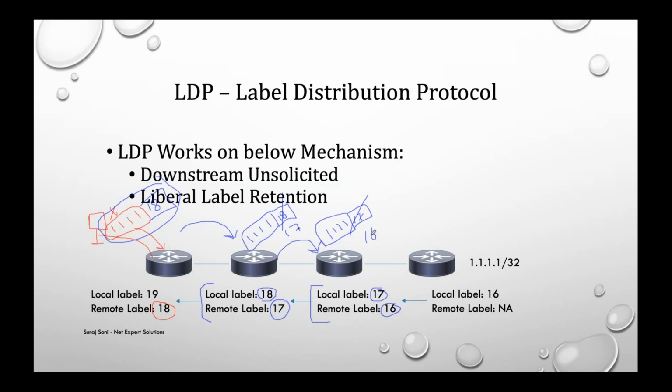This is called swap operation. So when I'm imposing 18 here, this is called push operation. Why? Because I am pushing the label onto the IP packet. When I'm sending across and the labels are getting changed, this operation is called swap operation.